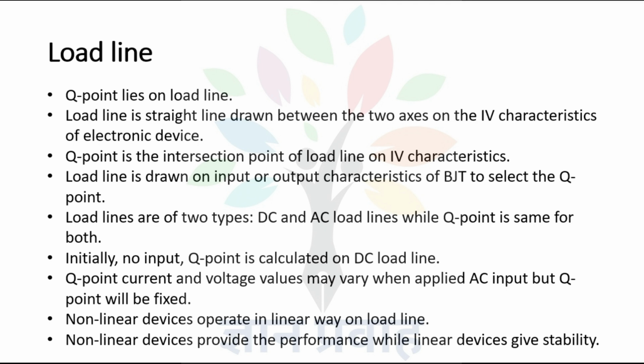But when we apply an AC signal at the input side, then this load line is called the AC load line, and here there is a chance of deviation of the Q point from one point to another, because the AC signal magnitude is time varying, and it affects the Q point on the load line also.